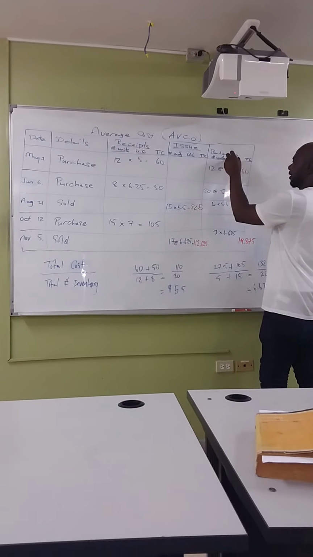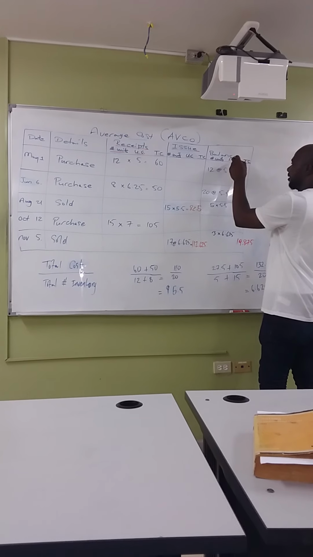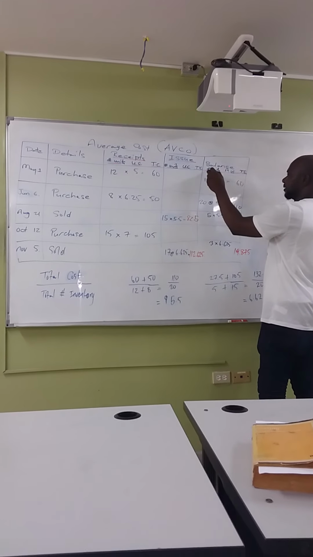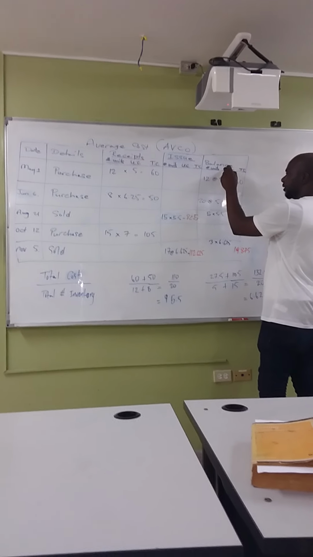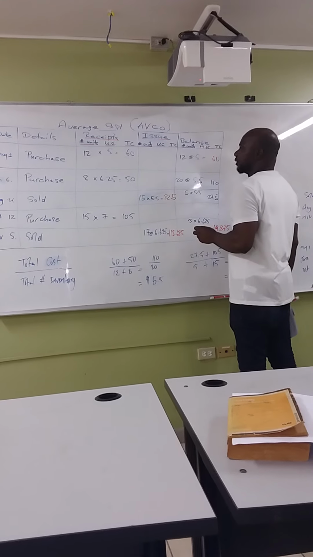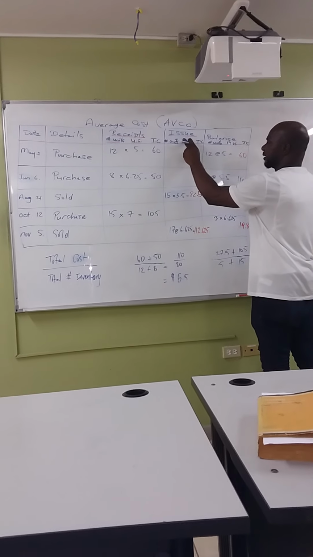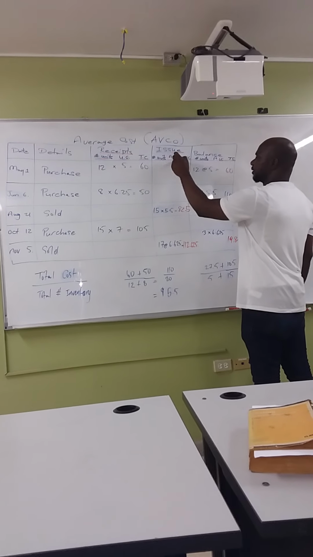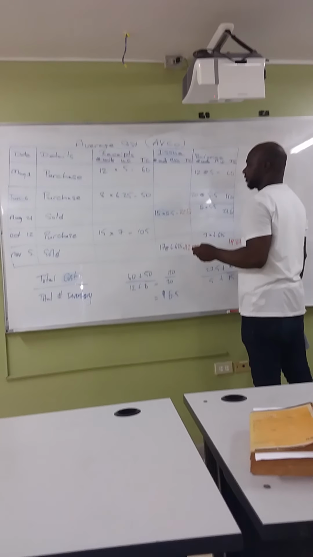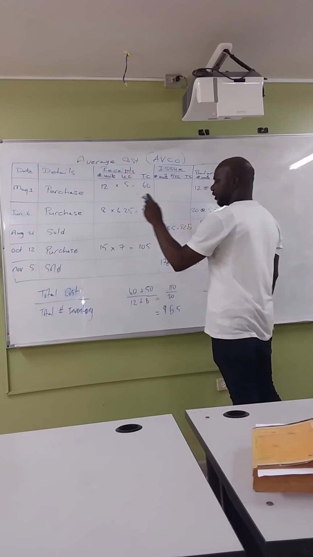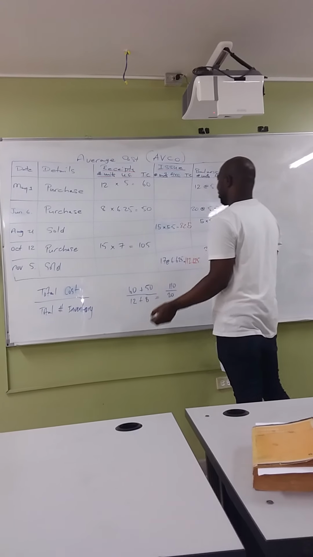So in the balance there, you're going to have number of units, AVC, which is average cost, and TC, which represents your total cost.